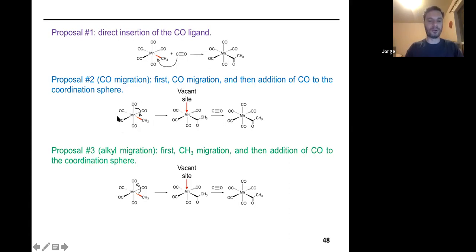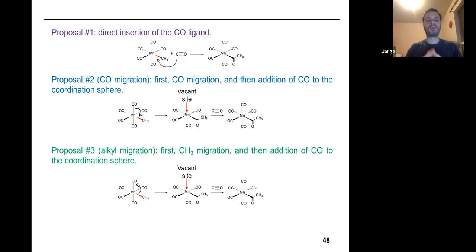So in this proposal, the first complex here, the CO ligand migrates over here, producing the acyl group, the COCH3, and as a consequence, there is a vacant site here in a 5-coordinate intermediate. Then a CO reacts with this intermediate and forms a hexacoordinate complex.